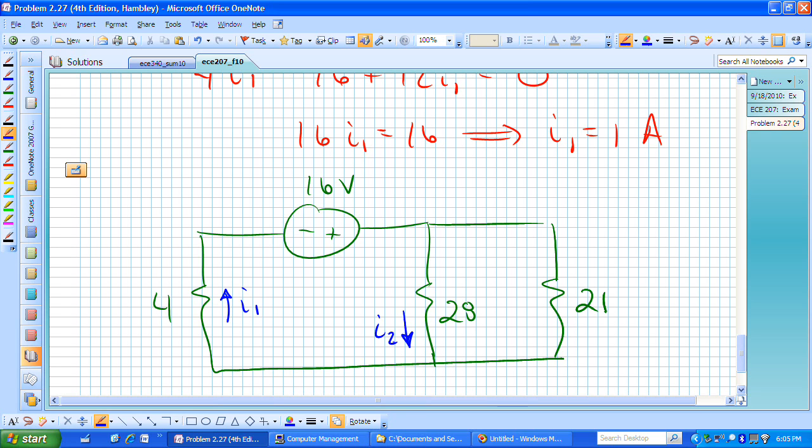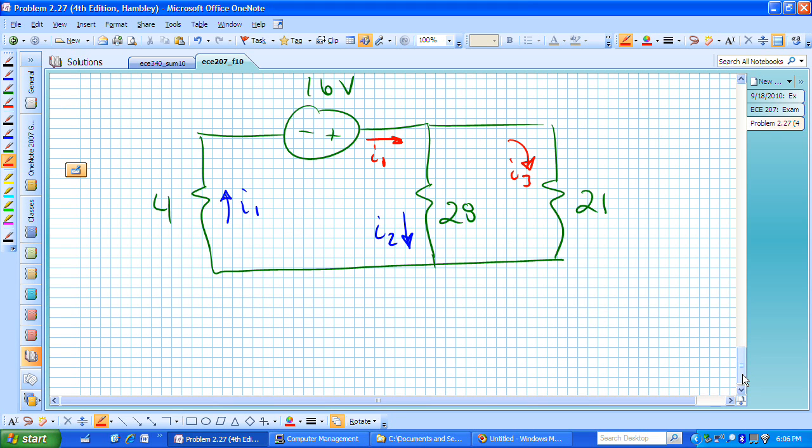Here is I sub 2, meaning we know how much current is coming in here. This is actually I1, but I1 is now going to get divided or split between I sub 2, and let's go ahead and call this I sub 3. And we've already found I1, so we can simply do a current divider.